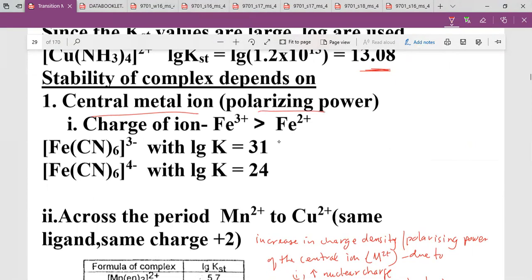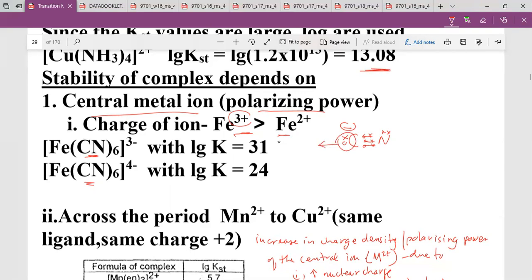Of course, Fe³⁺ and Fe²⁺ have about the same radius, but Fe³⁺ has a higher charge, so it will form a stronger bond with the same ligand, CN⁻. Remember CN⁻ is this one: 1, 2, 3, 4, and there's one negative charge here. It is the carbon that will form the dative bond with the central ion.